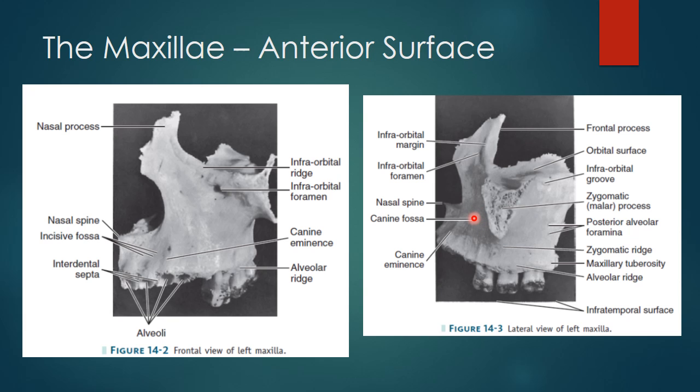The floor of this canine fossa is formed in part by the projecting zygomatic process. The major portion of the canine fossa is directly above the roots of the premolars. Above the canine fossa and below the infraorbital ridge is the infraorbital foramen here. The infraorbital foramen is the external opening of the infraorbital canal.